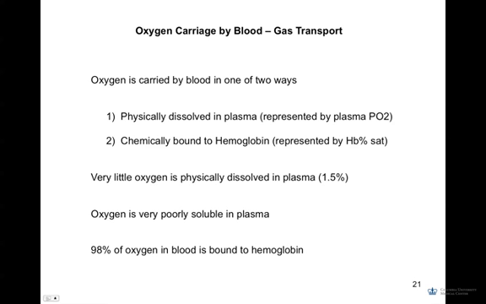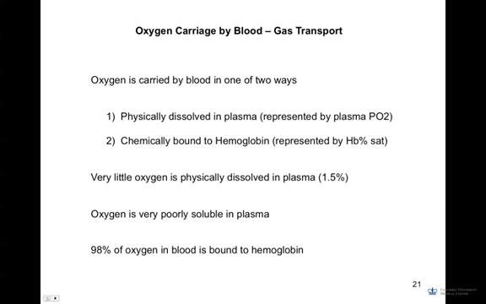Only about 1.5% of total blood oxygen can be found physically dissolved in plasma. The other 98+% of oxygen found in blood is chemically bound to hemoglobin.